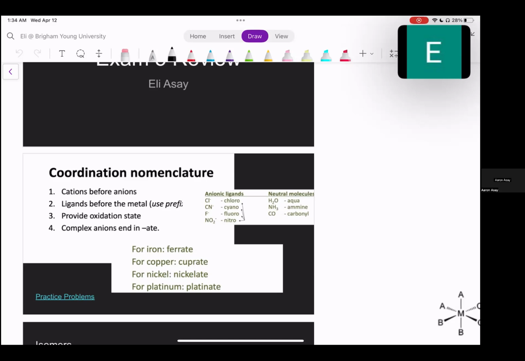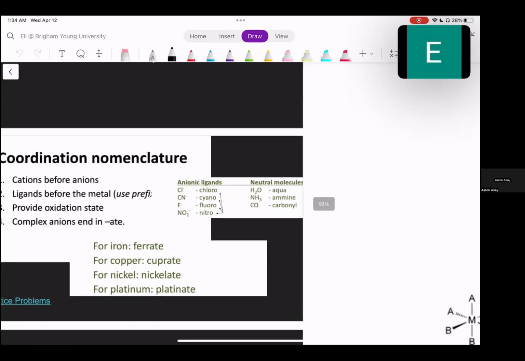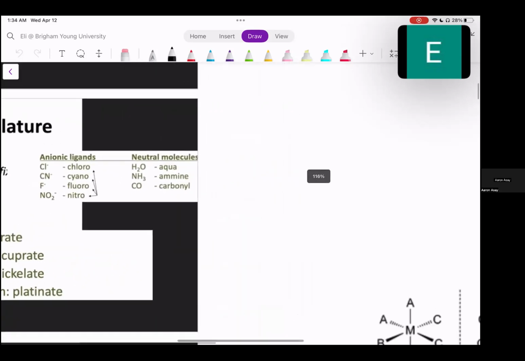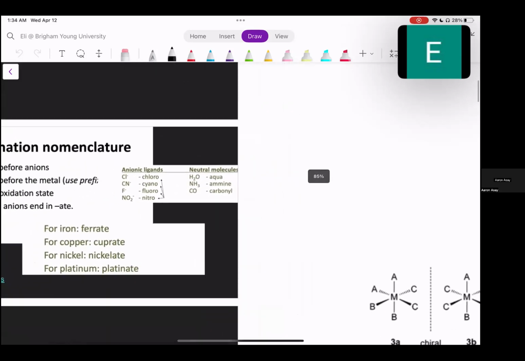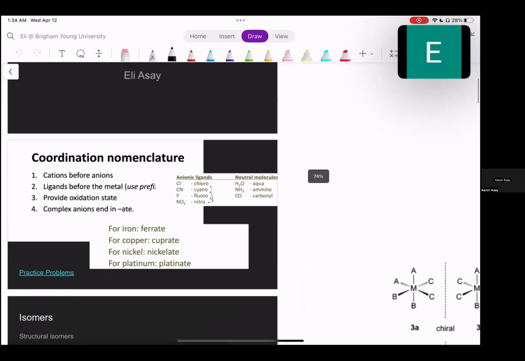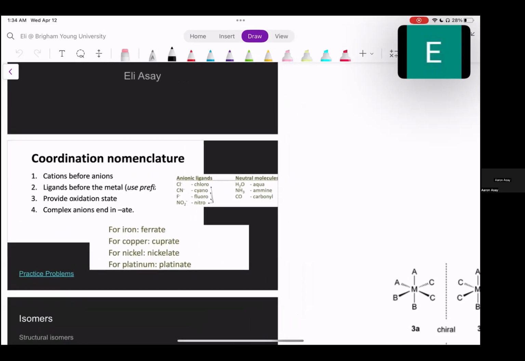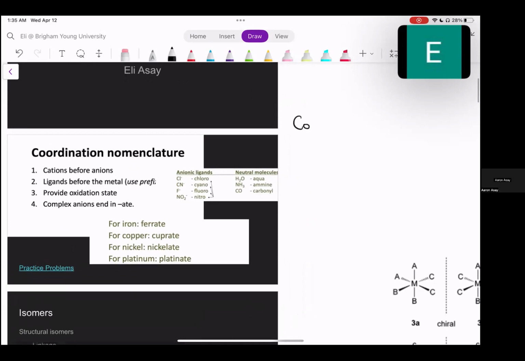So let's do a couple examples of this, just to get you guys going. The first one we're going to do over here. Hopefully you can still see. There we go. The first one we're going to do, we're going to have copper. I'm just going to write it out here for you.